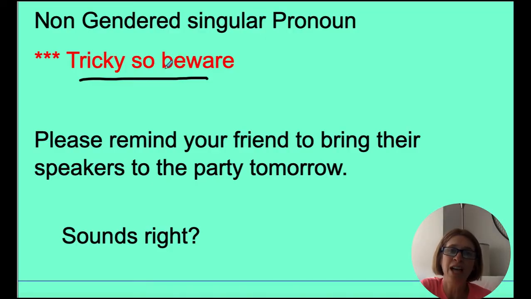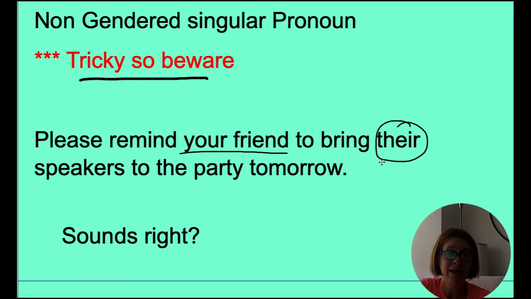Non-gendered singular pronouns can be tricky, so you have to beware. Please remind your friend to bring their speakers to the party tomorrow. When you read this first, you might say it sounds right, but your friend is the noun, so it's singular, and we don't know what gender.